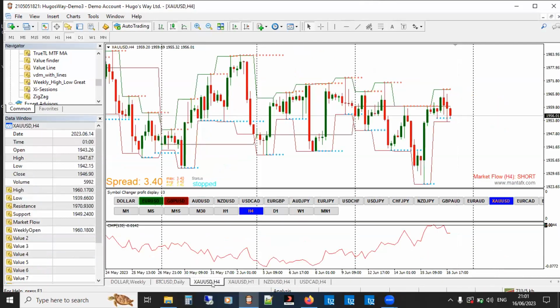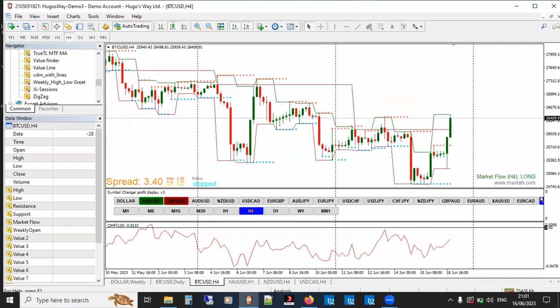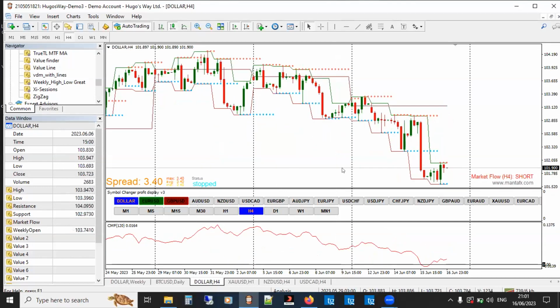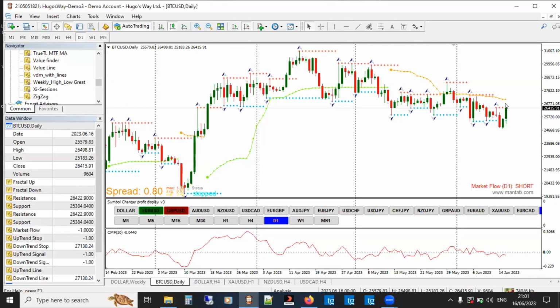So if we go to H4, if we are doing this on H4 and we look at BTC, BTC just basically turned bullish now. So if you are trading the daily, BTC is virtually getting close to this point.